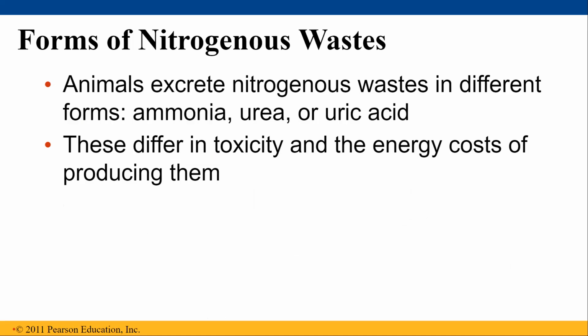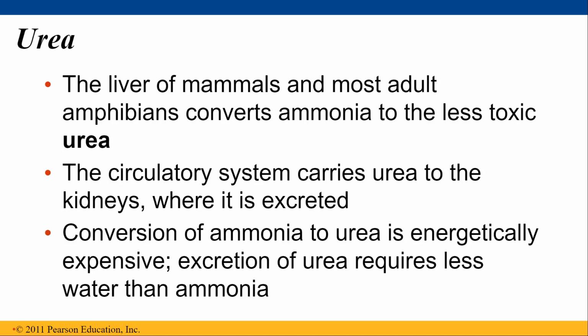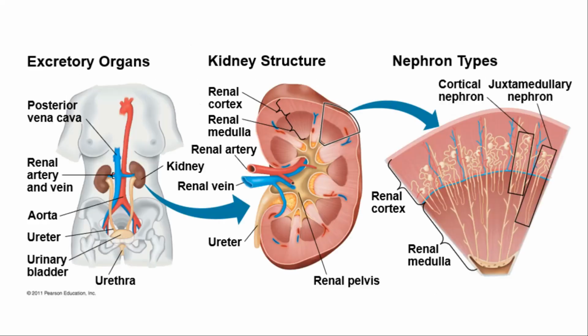And so there are different forms of nitrogenous waste depending upon the different animals. Some animals will excrete ammonia, some urea, some uric acid, and they're going to have different toxicities, and they're going to require different energy to excrete those different wastes. But we're not going to get too much into that. Just know that we are excreting that extra waste.